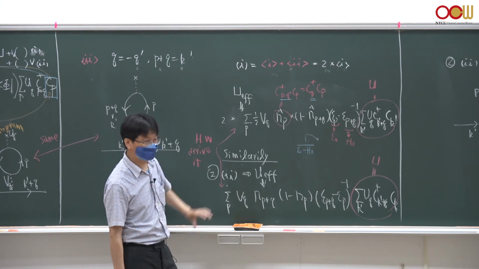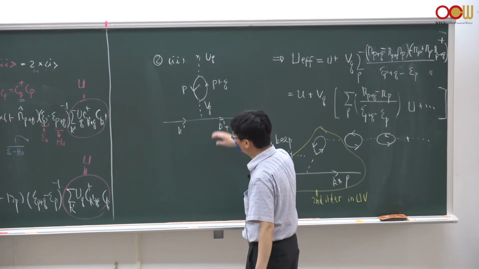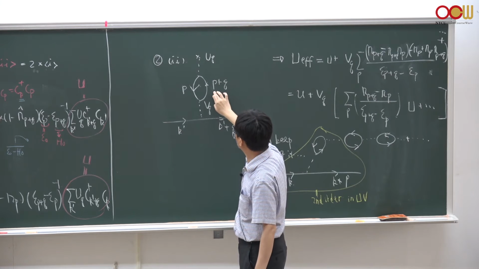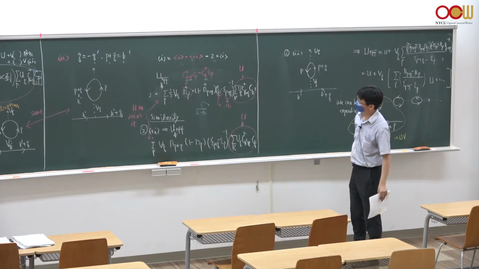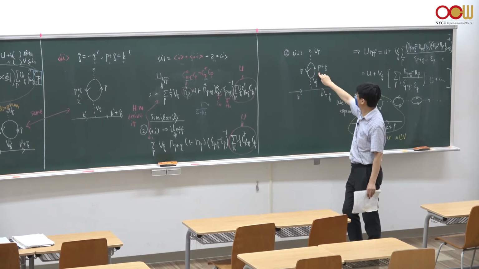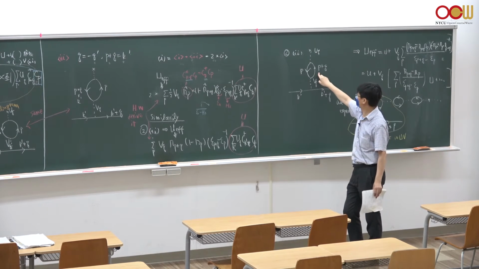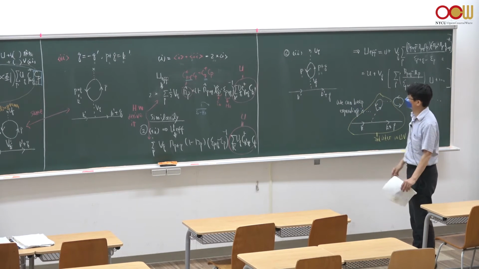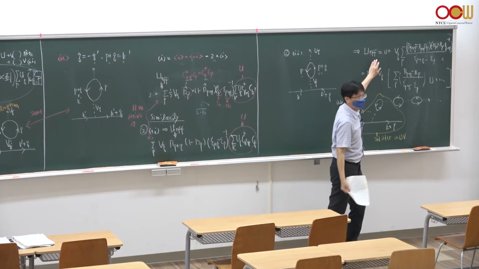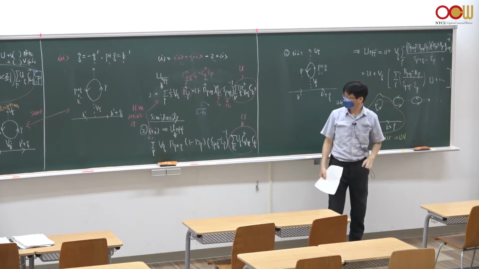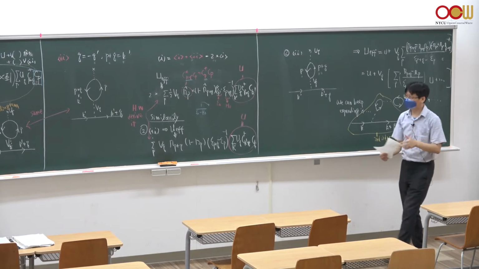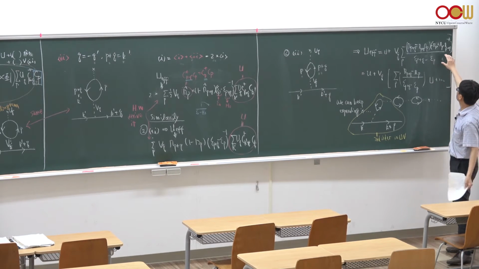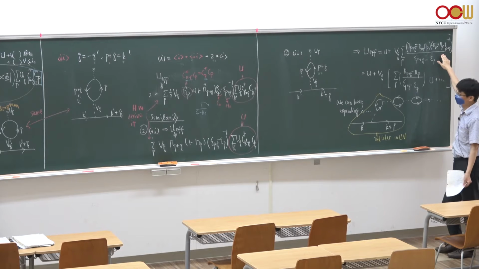So now you could sum up these two contributions, and by the way, the ring diagram for the second term of the second order contributions is exactly the same as the first term, except now you interchange between p and p plus q, so now p becomes p plus q, and p plus q becomes p. That's all. Good. So now you can sum up these two contributions and take care of the differences between p and p plus q in these two terms, and we get the second order corrections.